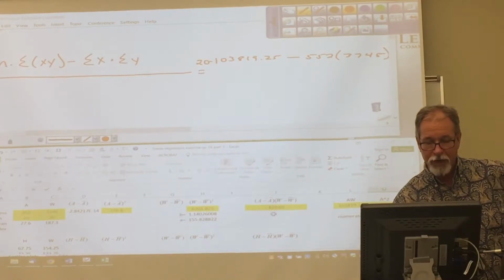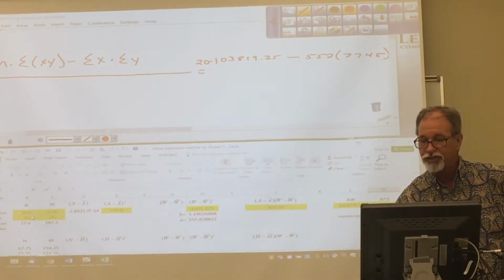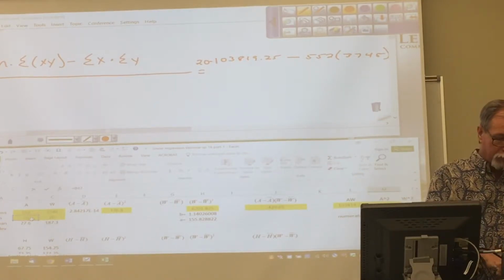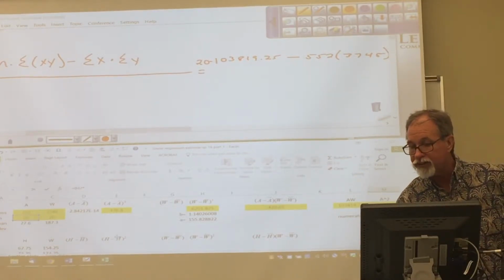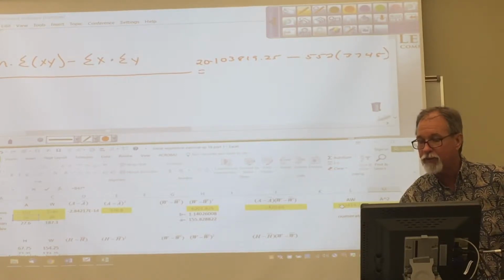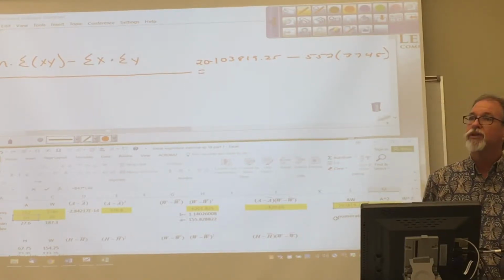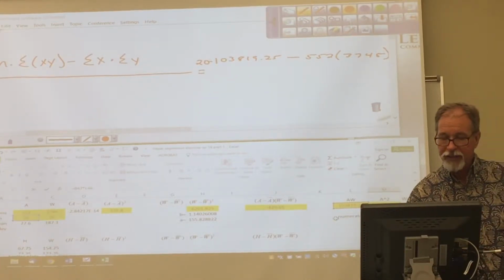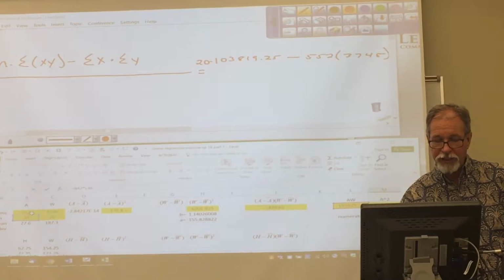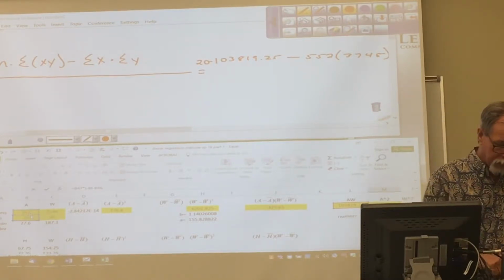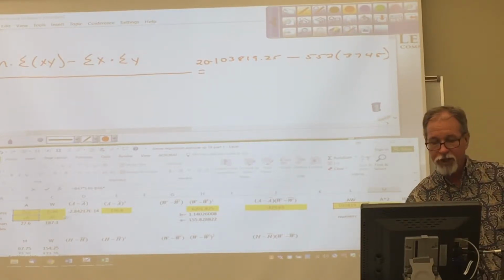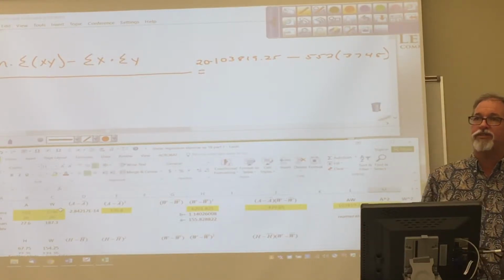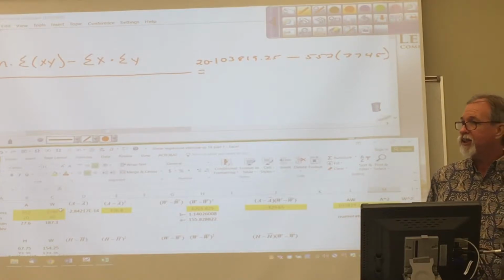I take my N, which is 20, in box B47, and multiply it by the sum of L, and then I subtract the sum of B times the sum of W. And there's my numerator, 8,593.